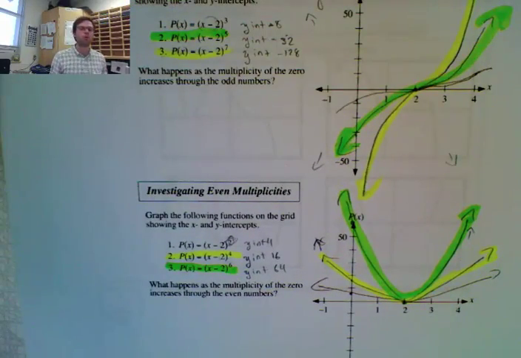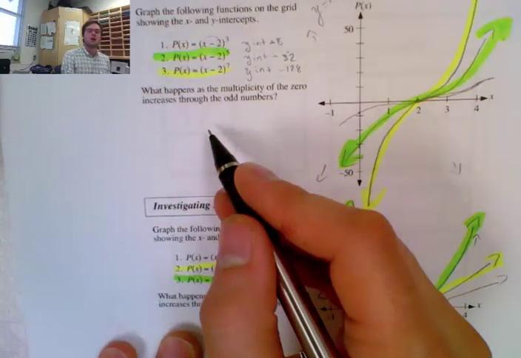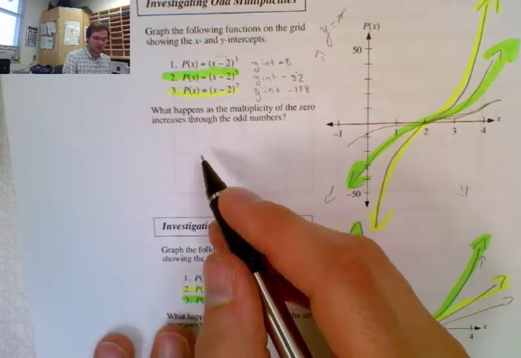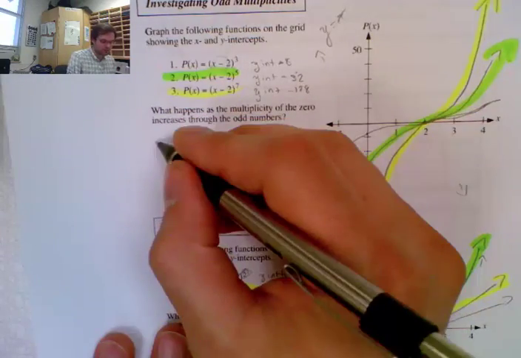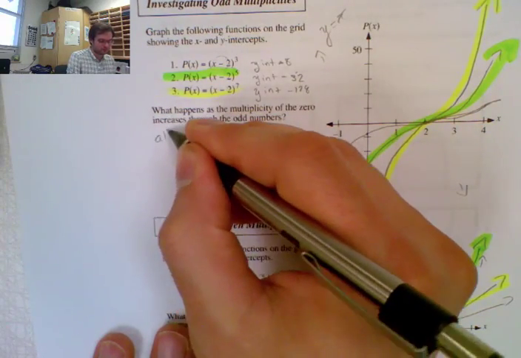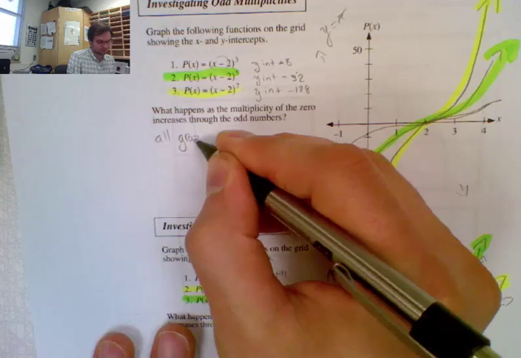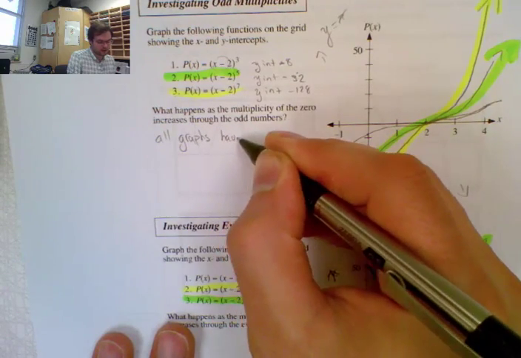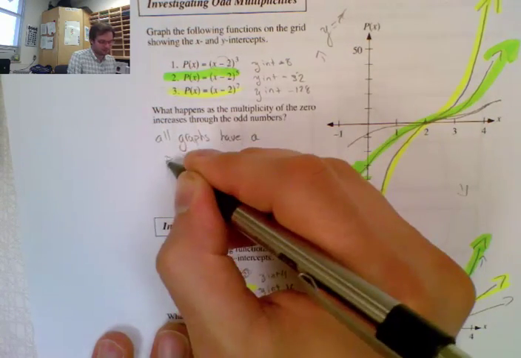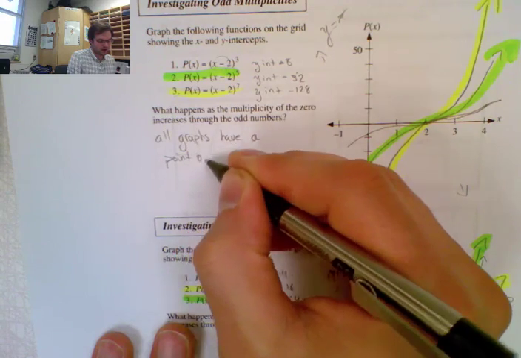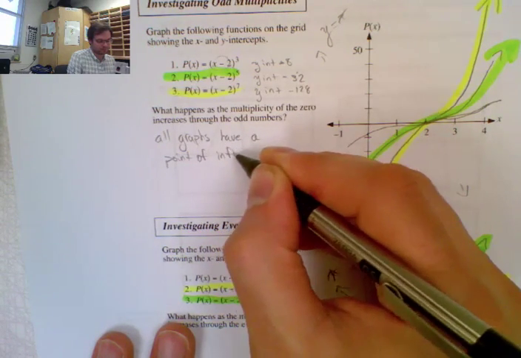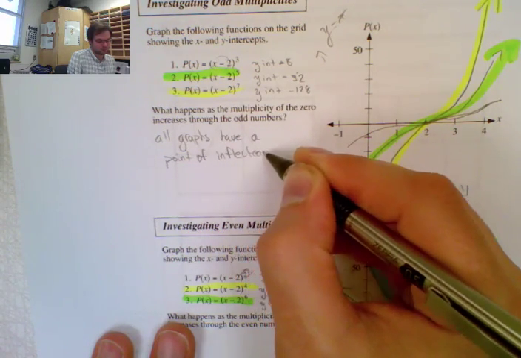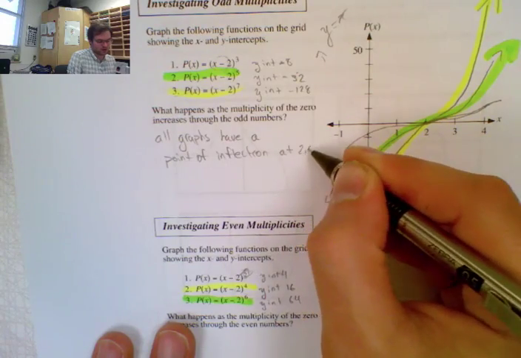So if we look at both of these, the one thing that stays the same is that for this one up here, all the graphs have a point of inflection at 2, 0.